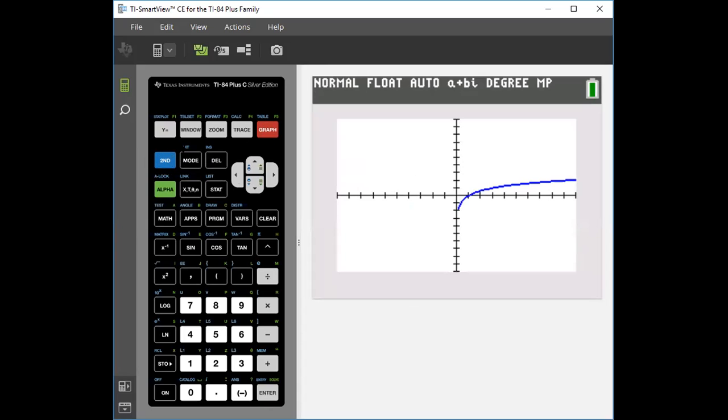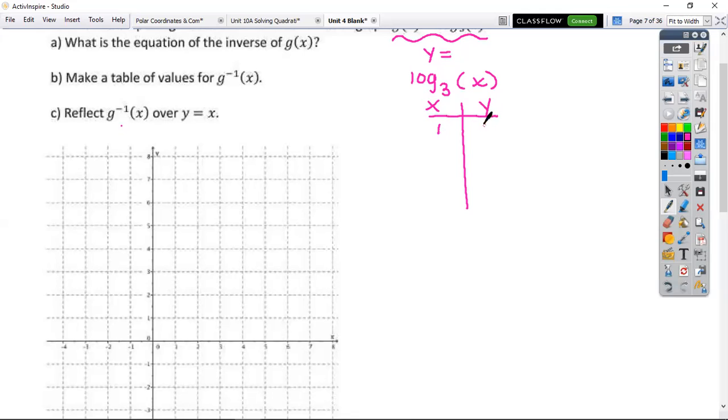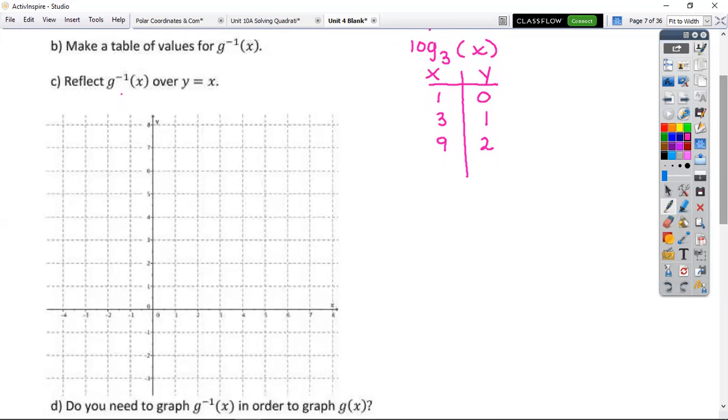So they all do. So I am going to go back and try to remember some of those. My log graph, I had the point 1, 0. I think 3, 1. 9, 2. And then I'm going to just sketch the rest of it. So we are going to go 1, 0, and 3, 1. And then it kind of heads up this direction again.